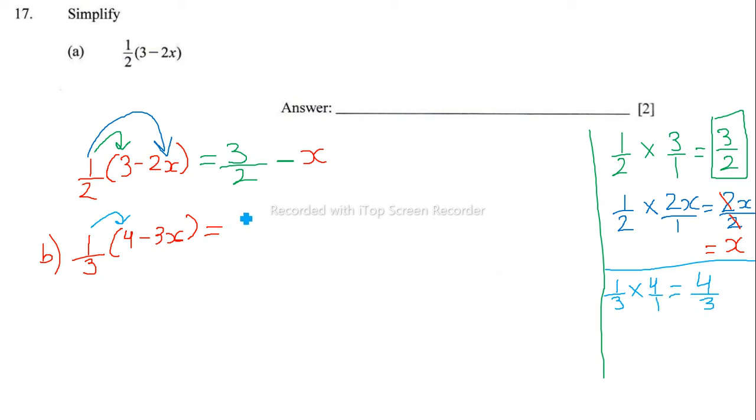Then we have a third multiplied by 3x over 1. What is 1 times 3x?